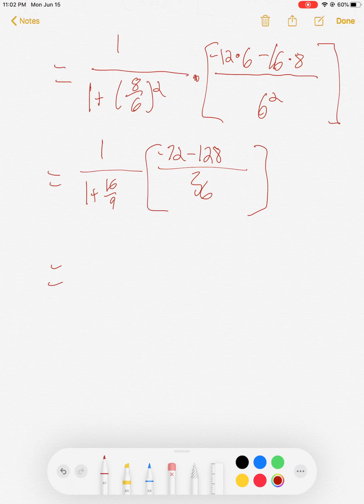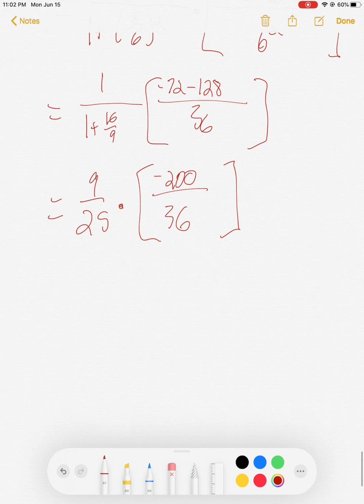Let's go ahead and knock this thing out real quick. So that's 1 over, I'm going to do some quick algebra in my head, 1 plus 16 over 9 times negative 72 minus 128 over 36. Well, 1 plus 16 over 9, that's 9 plus 16 over 9, so that's 25 over 9.